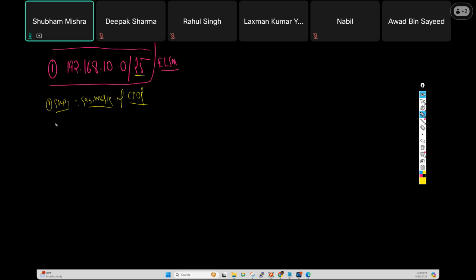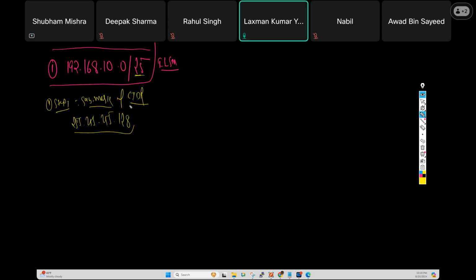So for /25, what will be the subnet mask? 255.255.255.128. I hope you already understand how we can calculate the subnet mask if you have a CIDR value, right? In yesterday's class, I already explained these things.